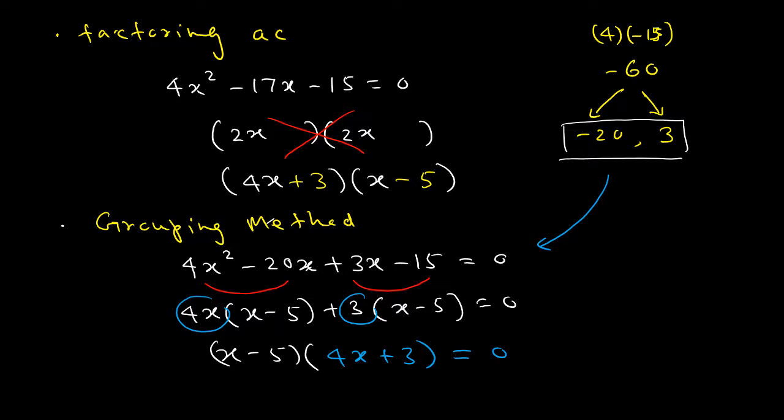Okay, so we factor them. Now we're going to set each of the factors equal to 0, and solve. So we have the factors 4x plus 3 and x minus 5 equals 0.